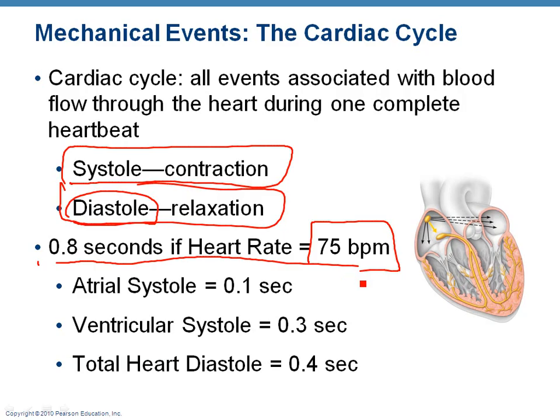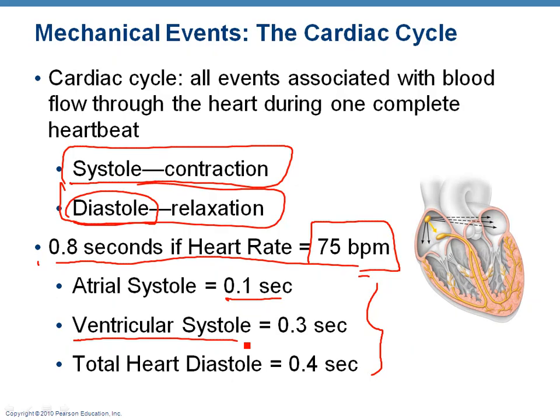That 0.8 seconds can be divided up into three major parts. You have atrial systole. It's when the walls of the right and the left atria together are contracting to squeeze blood from there down into the ventricles. That lasts about 0.1 seconds, so not very long. That is followed by ventricular systole, which lasts about 0.3 seconds.